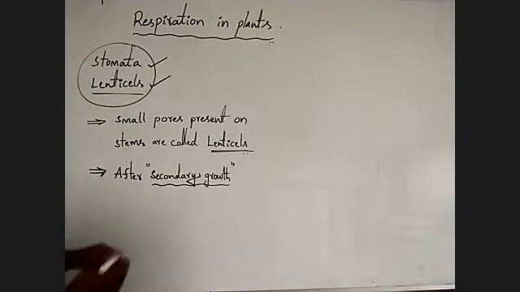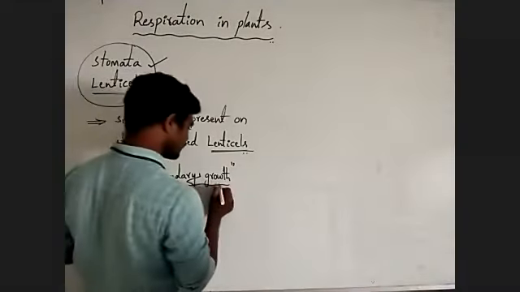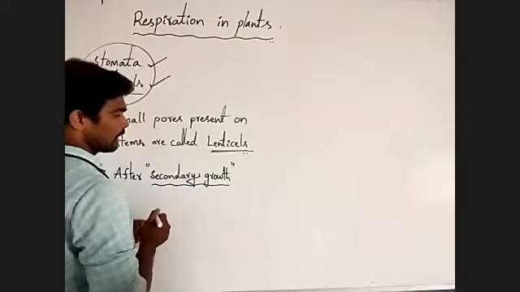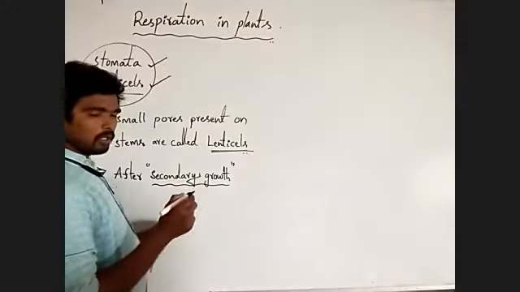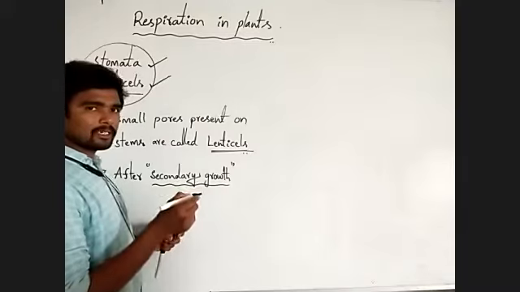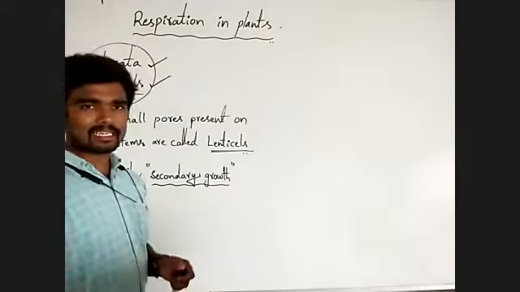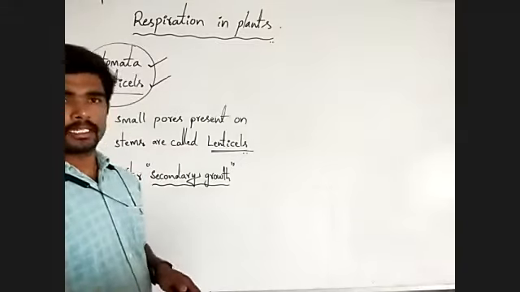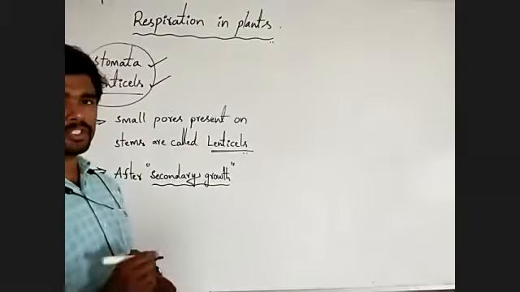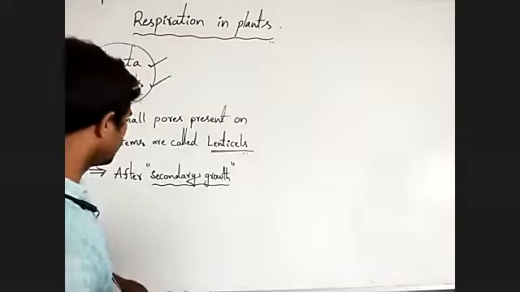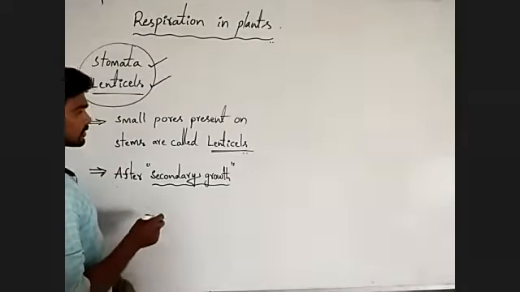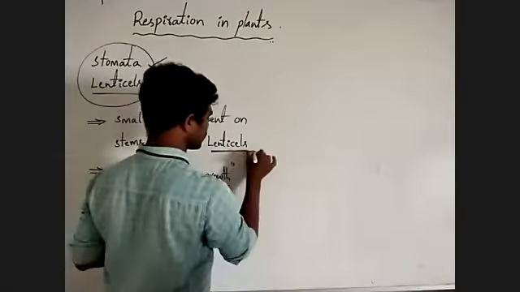Okay. See, first observe, after secondary growth, small parenchymatous regions are formed here and there on the external region of the stem. Okay, those are called lenticels.